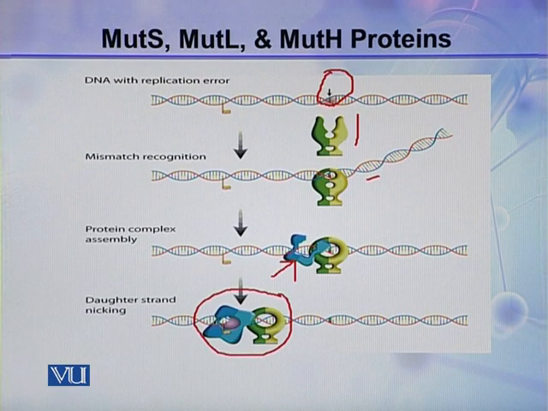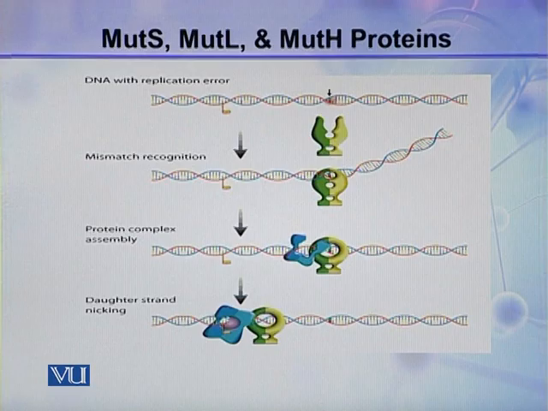This complex is MutS MutL DNA complex, and this complex activates the third protein MutH, which introduces nicks, and two nicks are introduced on either side of the DNA strand. So in this way mismatch repair takes place.